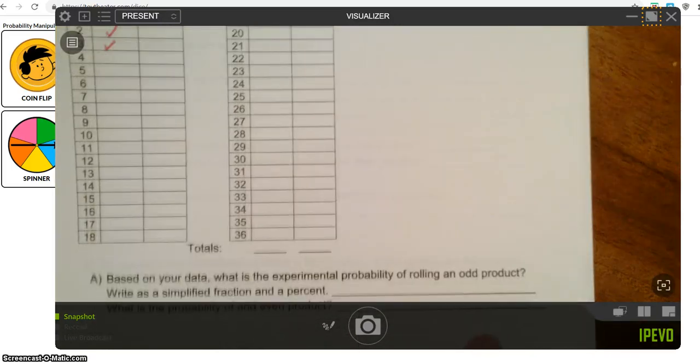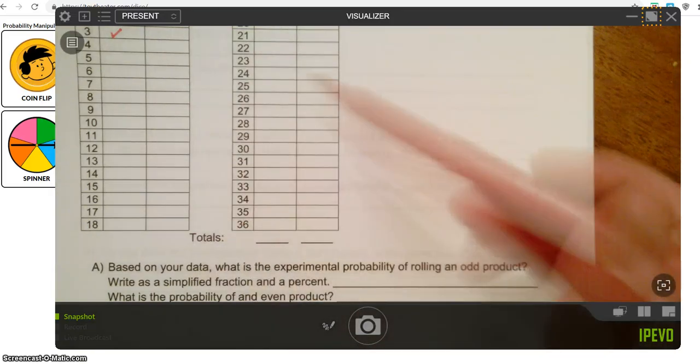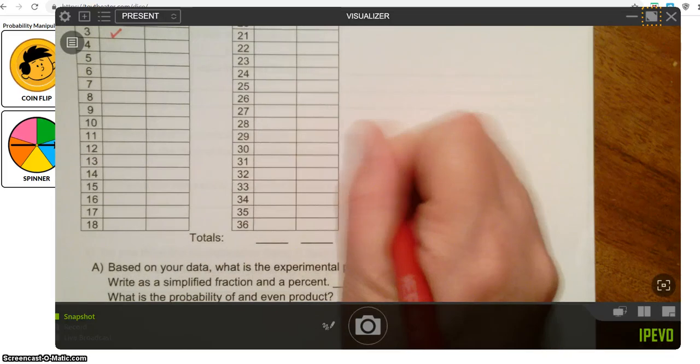Okay? So, now, guys, we are going to determine experimental probability. Okay? So, experimental probability, if you remember, is always based on data. Our data, we did the experiment 36 times. So that is our total. Okay?